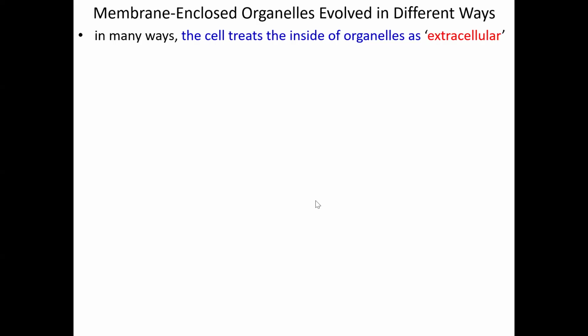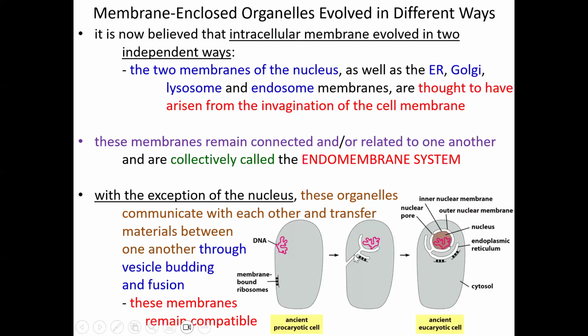So if we go back to the previous diagram here, you can see how the inside of these organelles are actually extracellular. So if we go here, right, see how we pinched in? Everything that's white is extracellular. When we pinch these membranes in, we trap extracellular area inside the organelle, in between the membranes that we've invaginated.